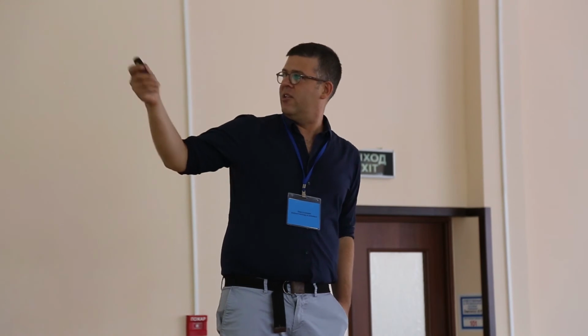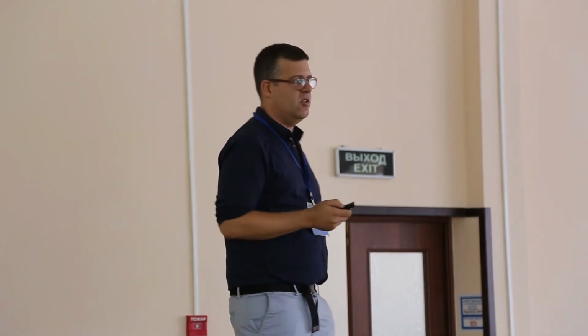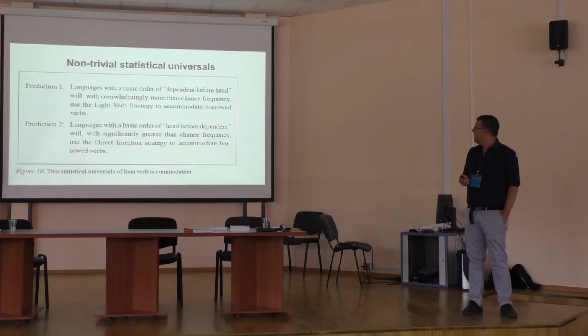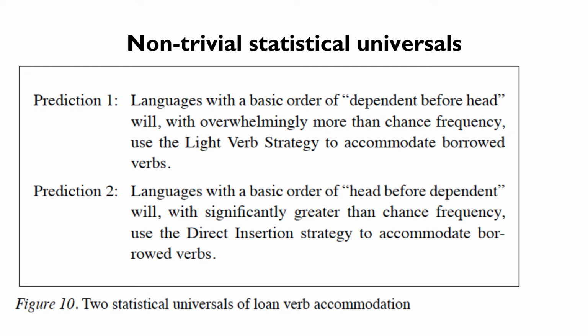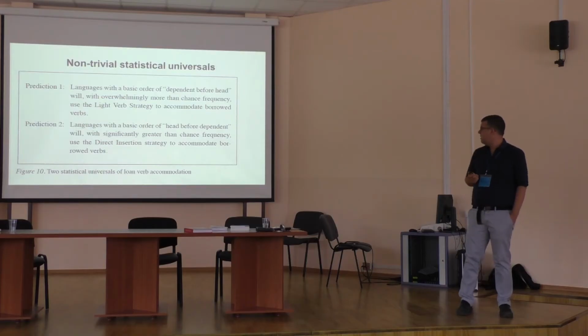So direct insertion goes with indirect insertion goes with light verbs, and so on. But we also turned up some evidently non-trivial statistical universals. For example, languages that put dependents before heads tend to use light verbs, the light verb strategy. Conversely, languages that put heads before dependents tend to use direct insertion.